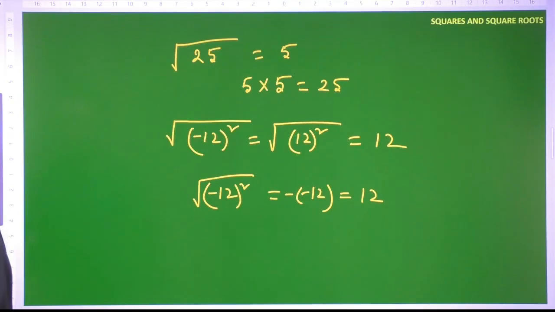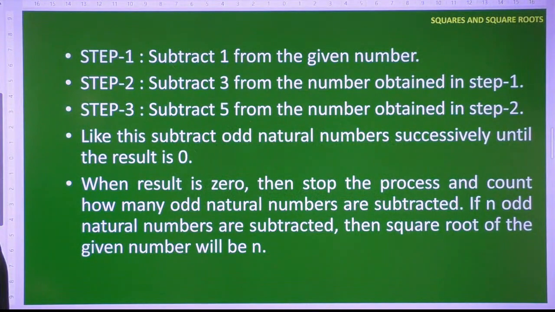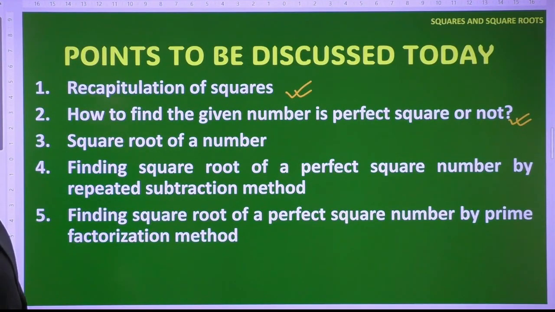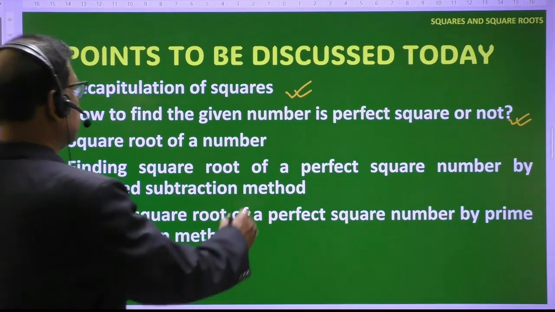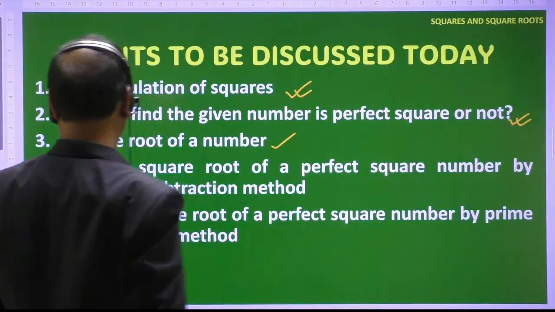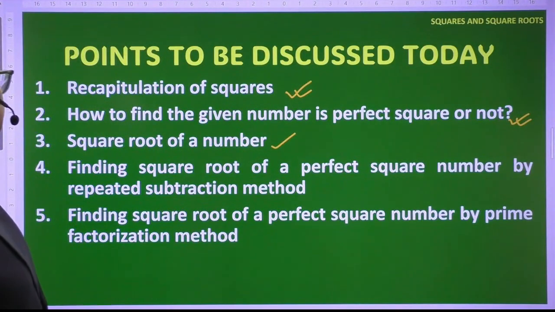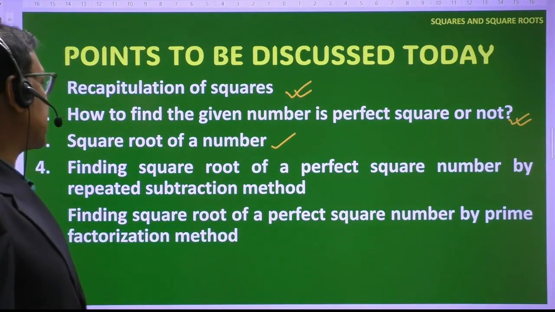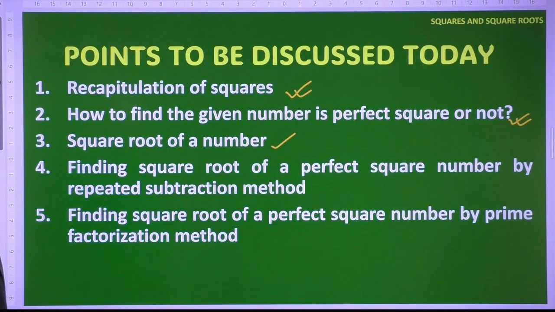Now the fourth point, so the third point is clear. Fourth point: finding the square root of a perfect square number by the repeated subtraction method.